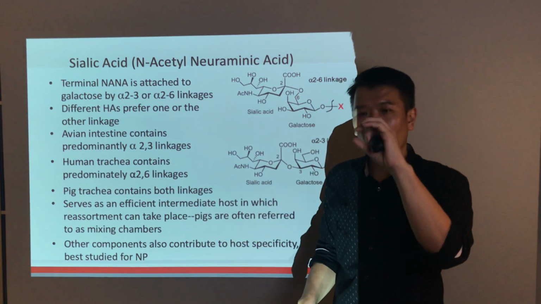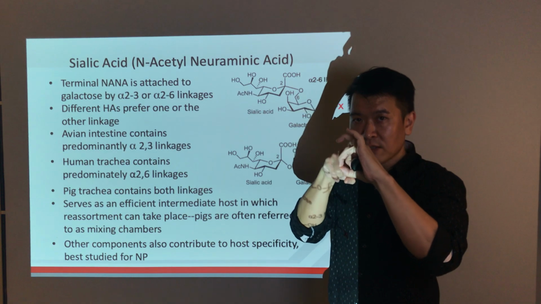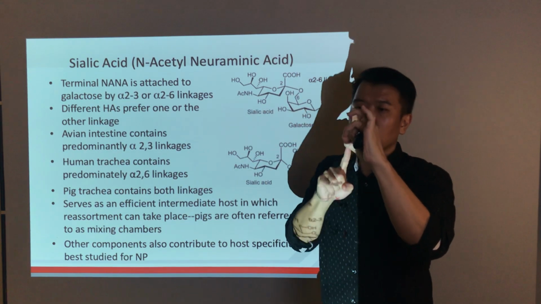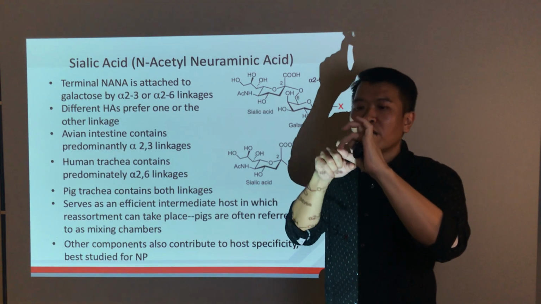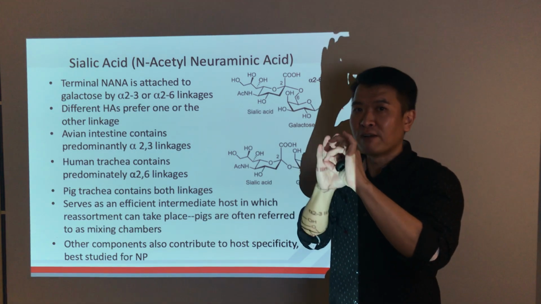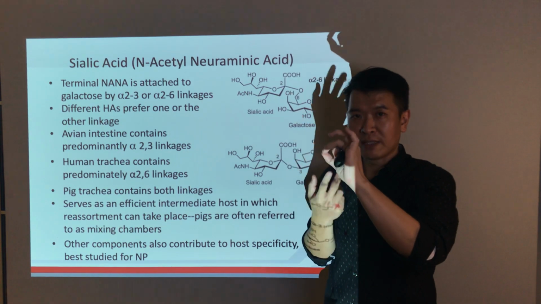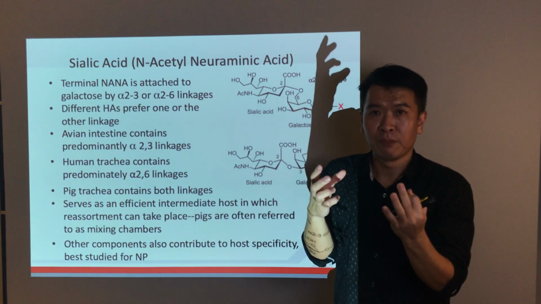So imagine one cell that has been infected by avian flu, then human flu goes in, then the pig is also infected by swine flu. So in the end, inside this cytoplasm, what do you have? You have 8 segments from avian, 8 segments from human, 8 segments from swine, all now jumbled up.